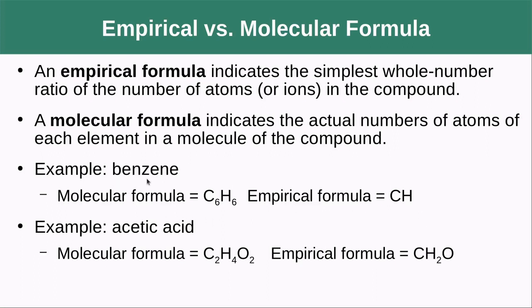If we have benzene, the molecular formula is going to show that every benzene molecule is made out of 6 carbons and 6 hydrogens. But to get the empirical formula, I'm going to find the greatest common divisor here, 6, and divide both of these by 6. I'm going to just get CH.